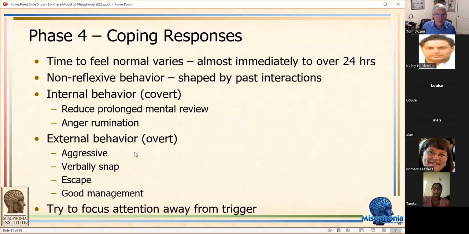And then the external behavior, aggressive behavior, verbally snapping, trying to escape, good management, right? It's going to happen, but you want to tone it down and use good management rather than being verbally or physically aggressive.